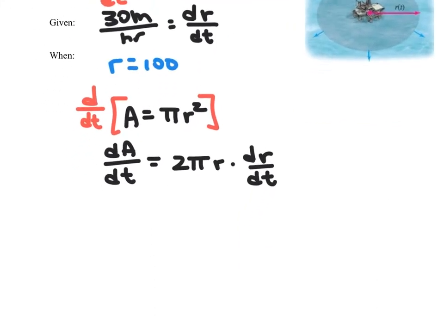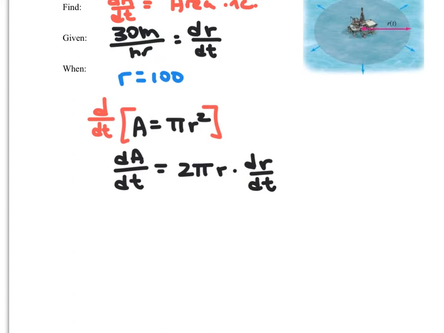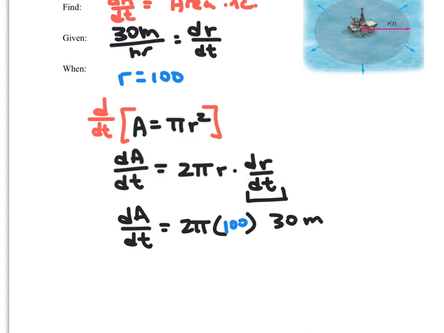So I've just done implicit differentiation on both sides now, and I'm going to use what I know. So dA/dt is going to be equal to 2 pi times the radius at the time that I want, which was 100, times the rate at which the radius was changing, which is 30 meters per hour.